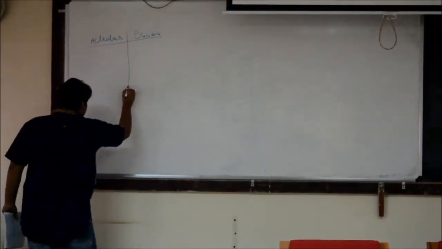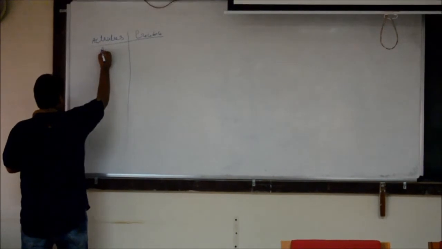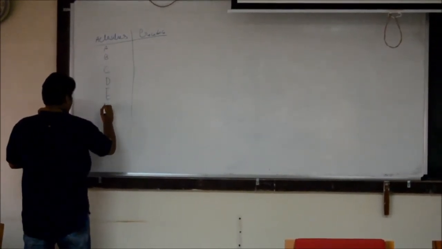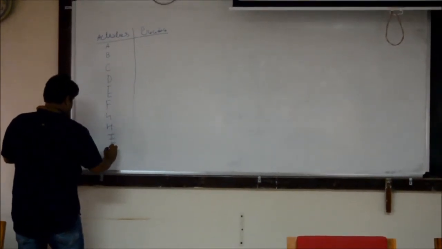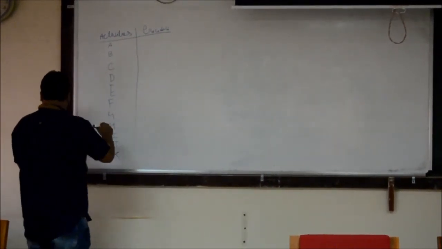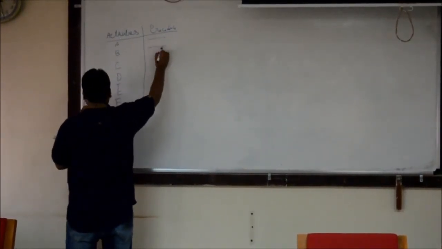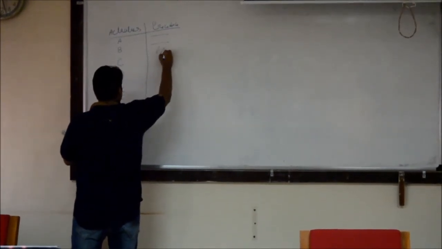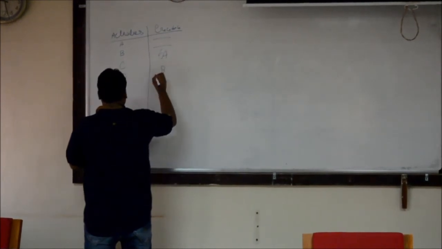So we have activities A, B, C, D, E, F, G, H, I, J, K. Before A, we don't have any precedence. B, no precedence. C occurs when A is completed. D occurs when activity B is completed.